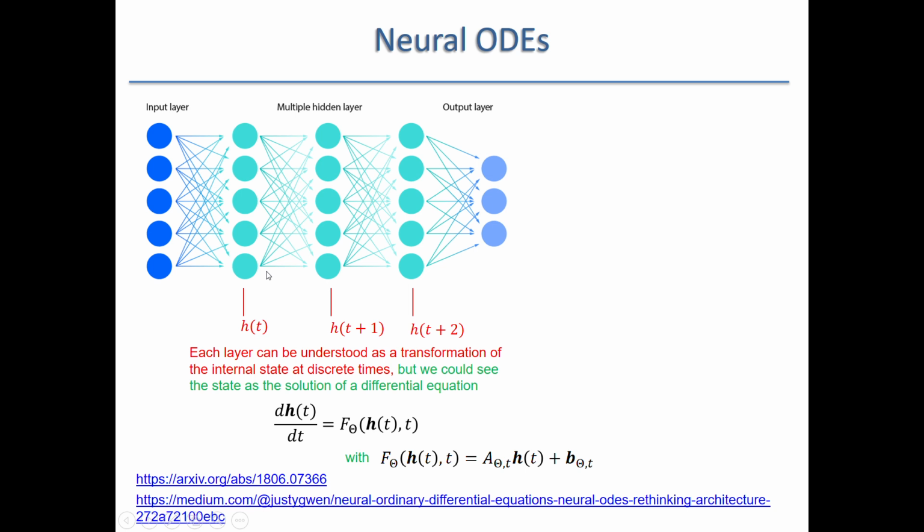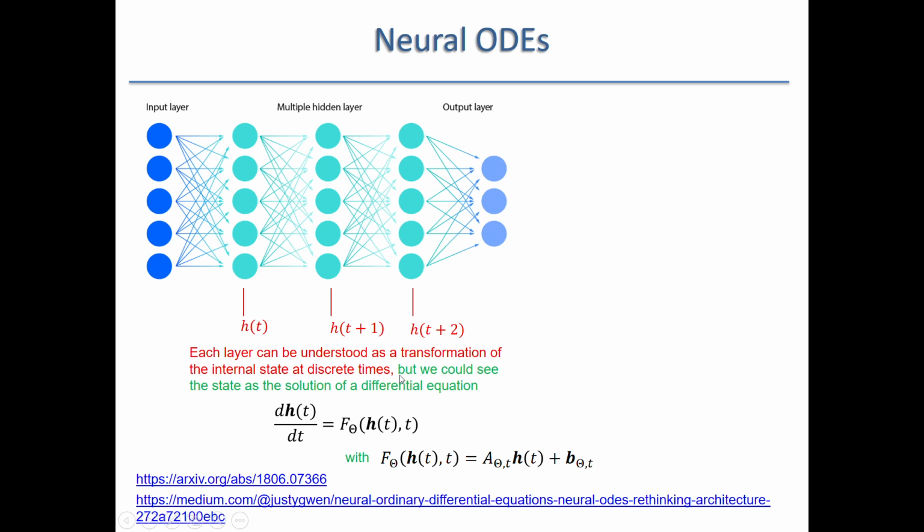They produce an output that we will call h of t, then h of t plus 1, h of t plus 2. So each one of these layers can be understood as a transformation of an internal state at discrete times.